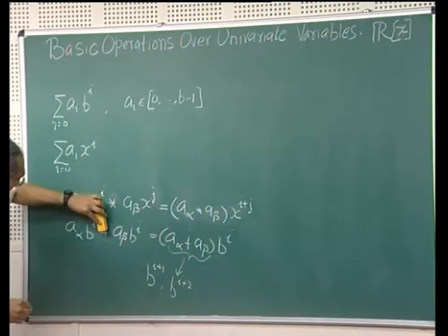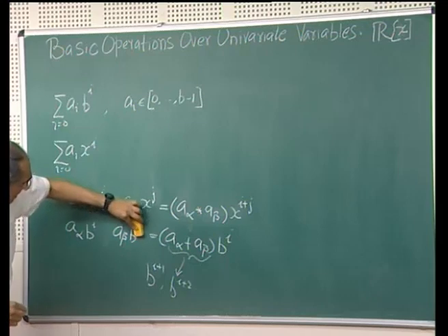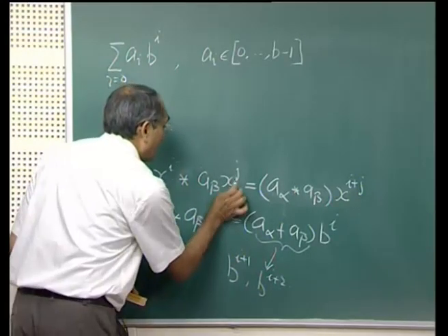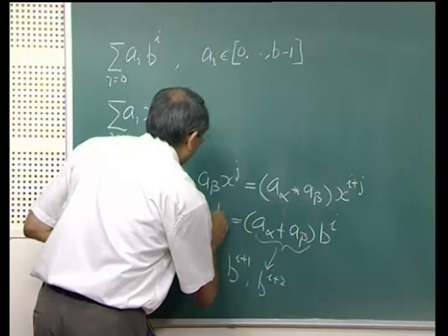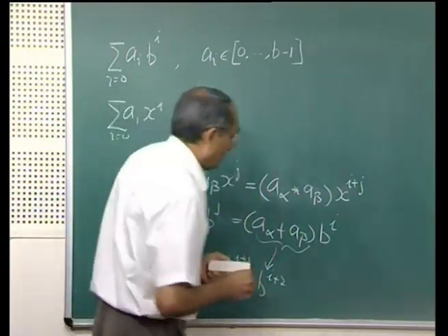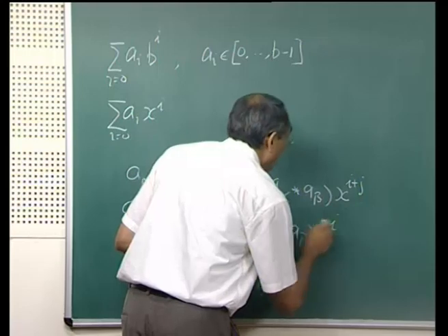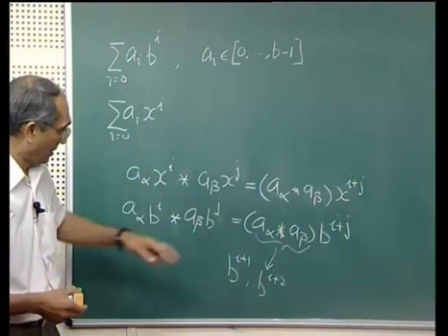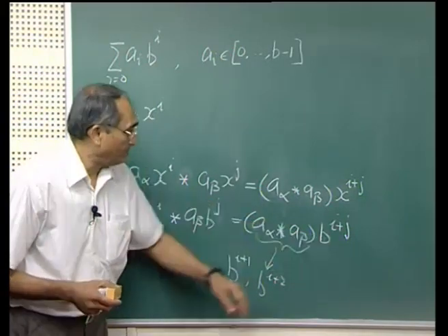Once again we have a similar situation in the integer case: this becomes a_alpha times a_beta into b^(i+j).